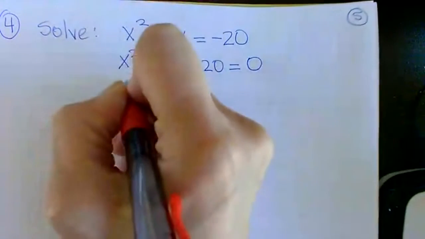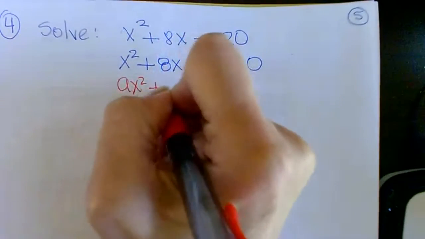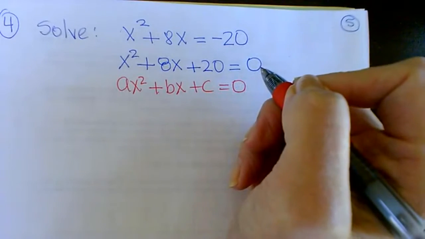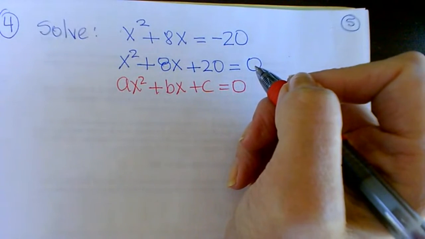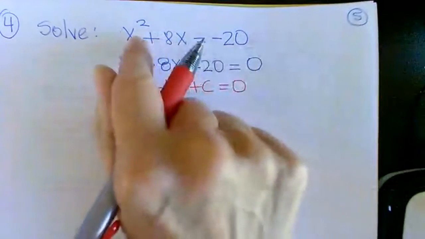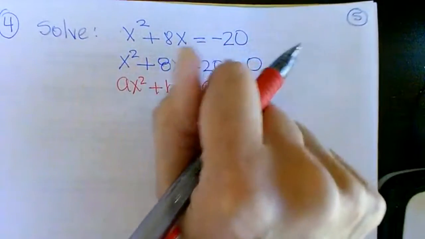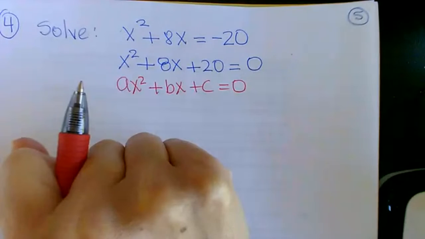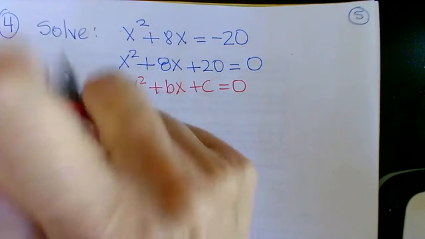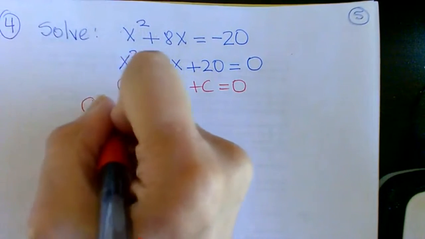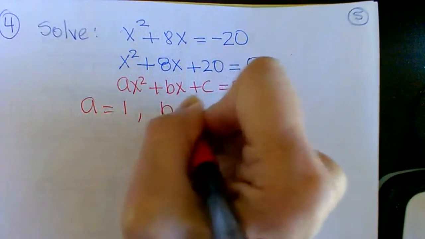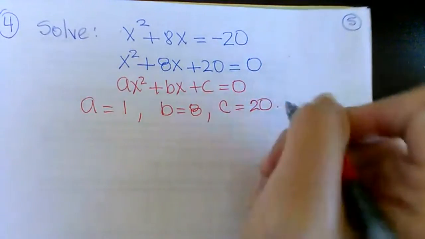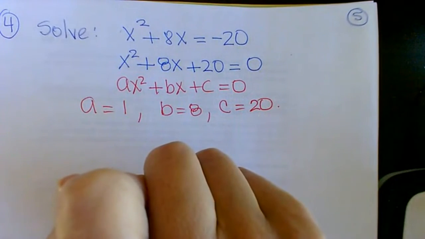So now we have ax squared plus bx plus c. This is the standard form. All of these are quadratic equations, and we're going to solve them using the quadratic formula. So a is equal to 1, b is equal to 8, and c is equal to 20.